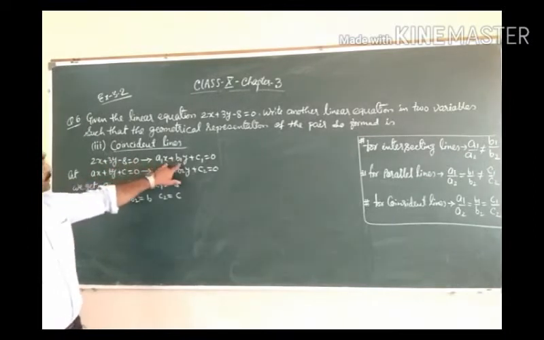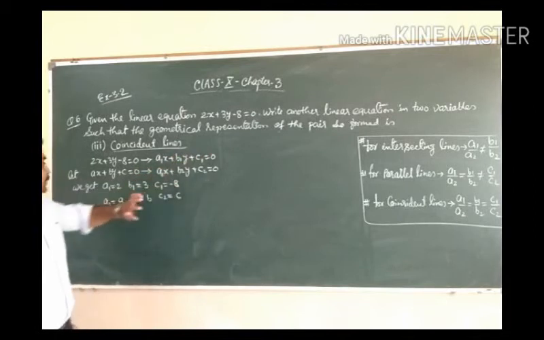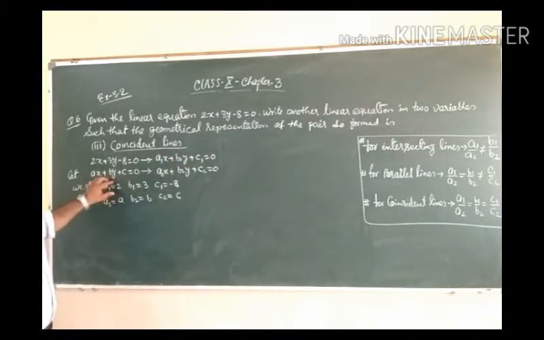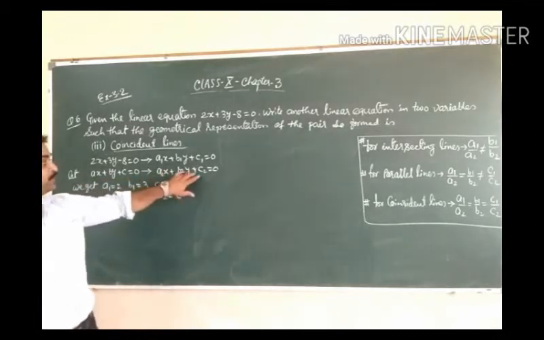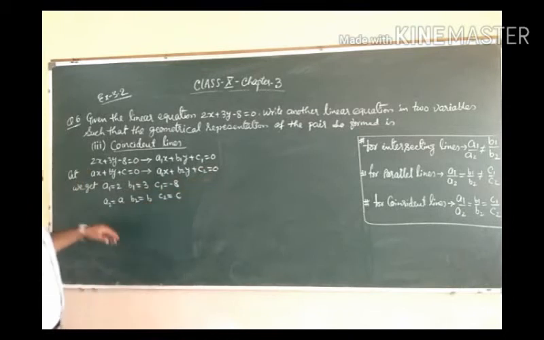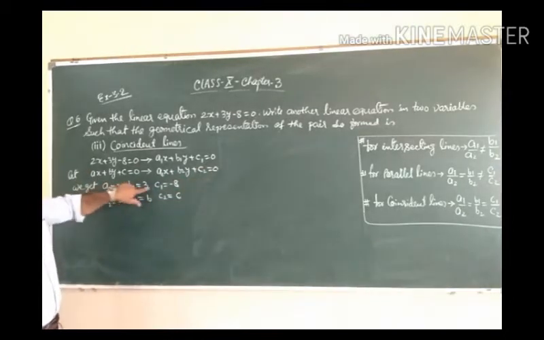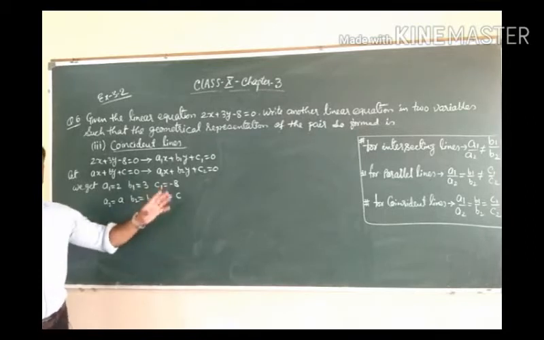Same thing we compare with this equation a1x plus b1y plus c1 is equal to 0. And second equation which is required, we will take ax plus by plus c is equal to 0 and compare it with a2x plus b2y plus c2 is equal to 0. Now what we get, a1 is equal to 2, b1 is 3, c1 is minus 8, a2 is equal to a, b2 is equal to b and c2 is equal to c.